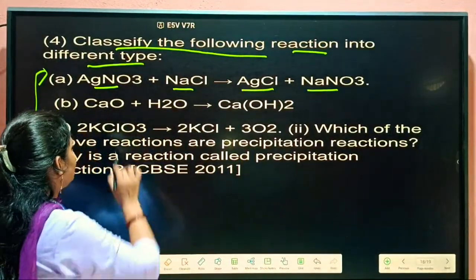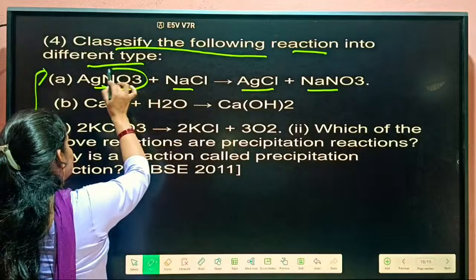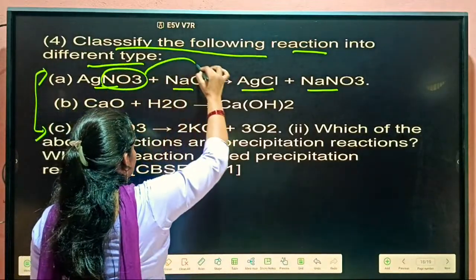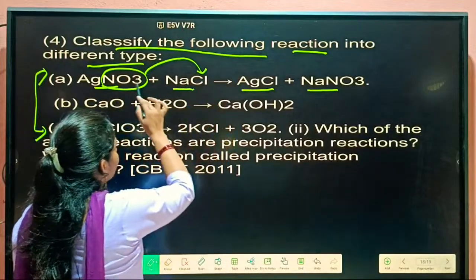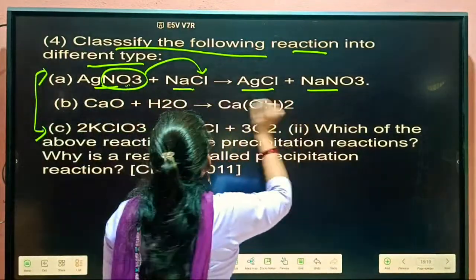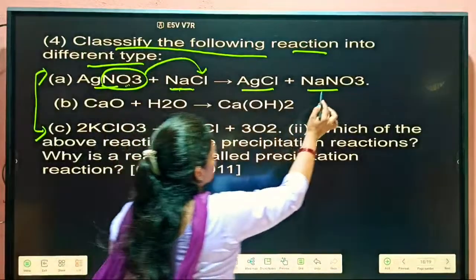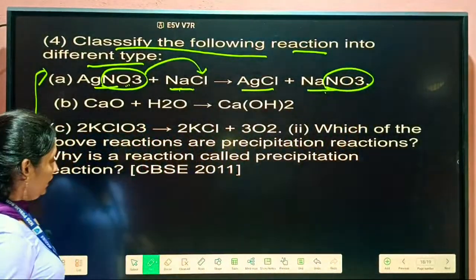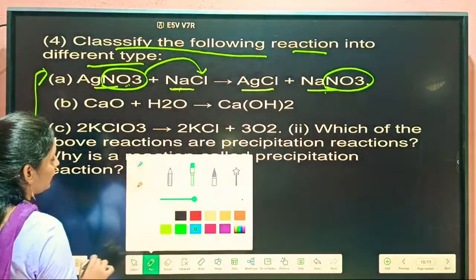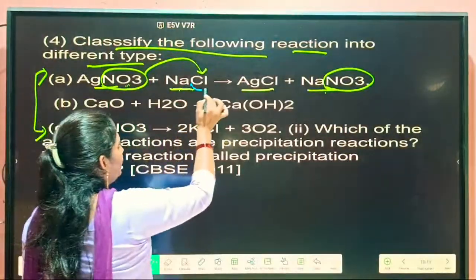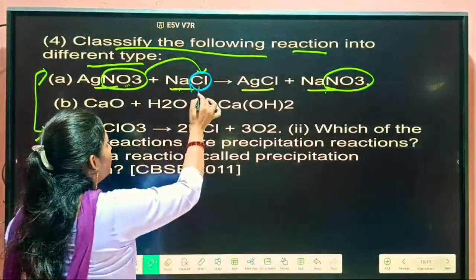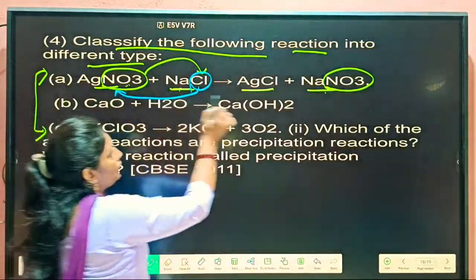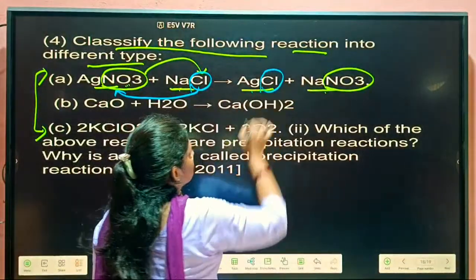Here you can see NO3 with silver, but in the product we are getting this NO3 with sodium. And you can see Cl with sodium, but in the product it is exchanging, and it goes with silver.